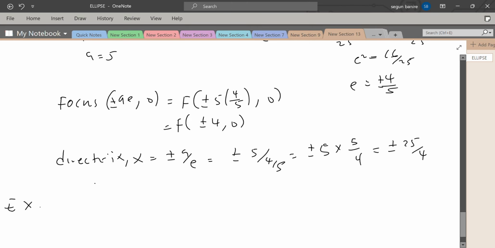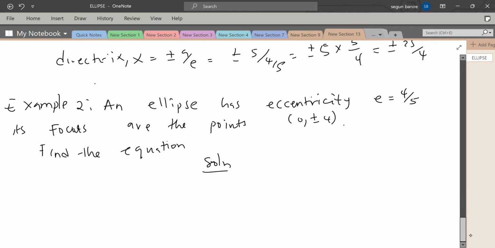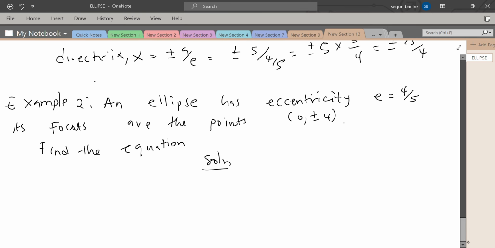Let's look at this last example. All right, so if you look at this problem, we are given the eccentricity and we are given the focus, then we are asked to get the equation. So we are given e to be 4 over 5, and then we are also given the focus, which is 0, plus and minus 4.